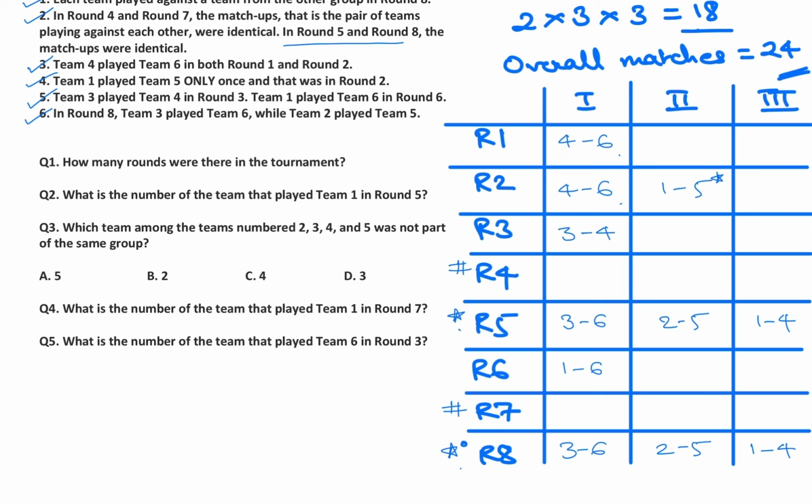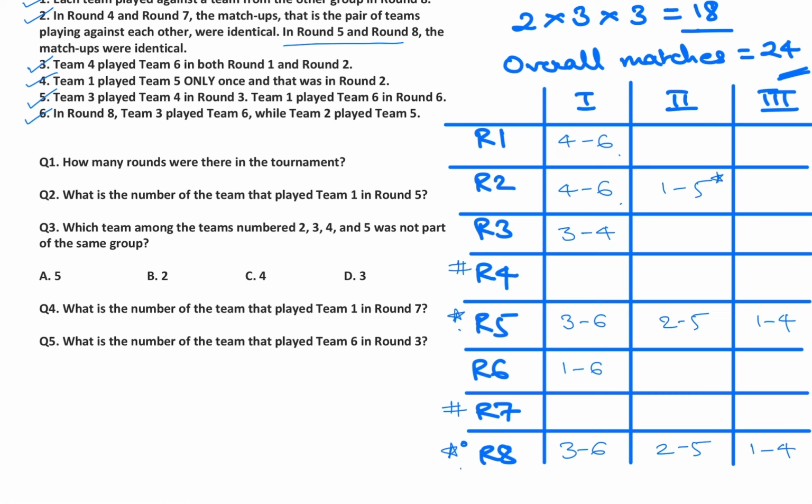So the only teams that I can look at will be 4-5, 2-6, and 1-3. I cannot look at 1-2 here because I only have one game left to utilize. I cannot look at 3-5 as well because I only have one game of 3 and 5 to utilize. So that's it. I wanted three cases and I have got three left.